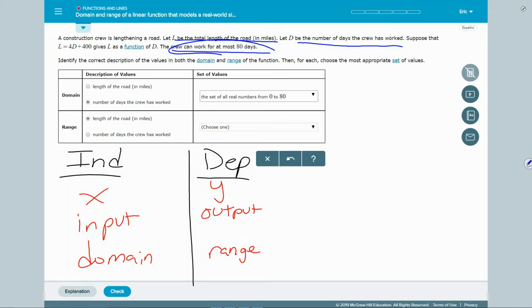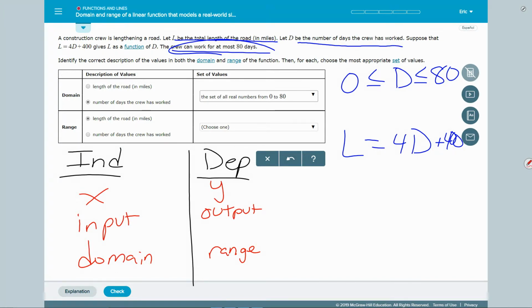Let's check out our equation first before we check out our values. We know that our days worked can be between 0 and 80. So let's check what happens to our length in miles if our domain equals those things.